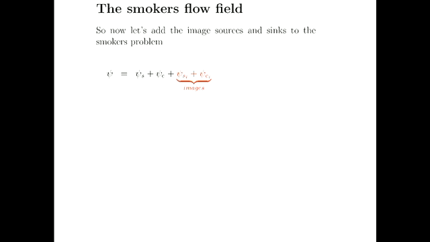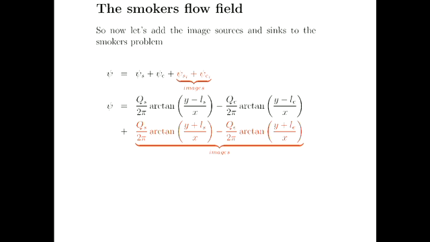So now my stream function is made up of the original source and sink plus that image source and sink, which I'm showing in red to remind me that they're the images. So my equation for the stream function is made up of 4 features: the real source and sink due to the smokers and the extraction fan, and their imaginary counterparts, which I'm showing here in red. Does that make sense?